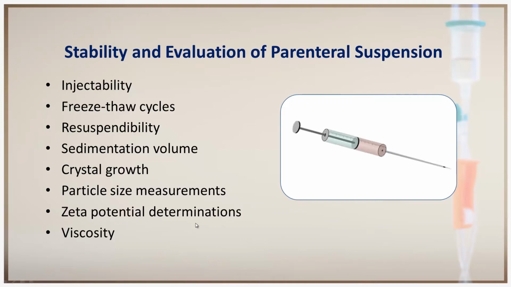Zeta potential is determined by zeta meter, which is a micro electrophoretic mobility apparatus used to characterize flocculated and dispersed suspension and to follow the change in physical stability with time. Next is viscosity. So, an ideal suspension should exhibit a high viscosity at low rate of shear. So, a suitable method can be used to determine the viscosity of suspension.